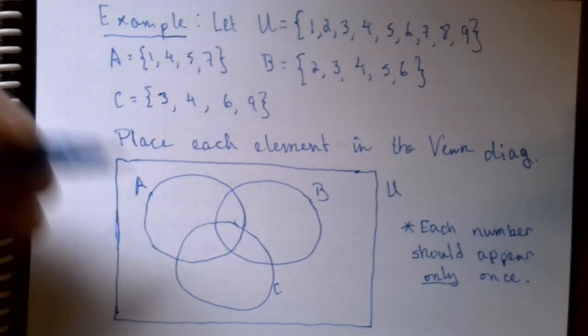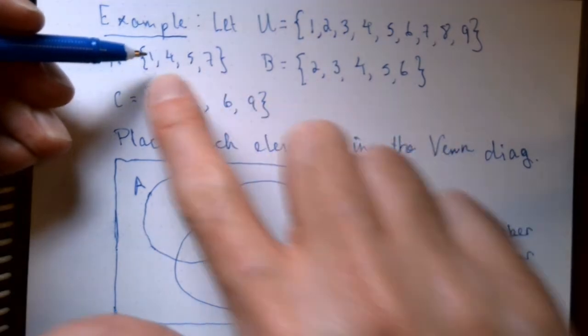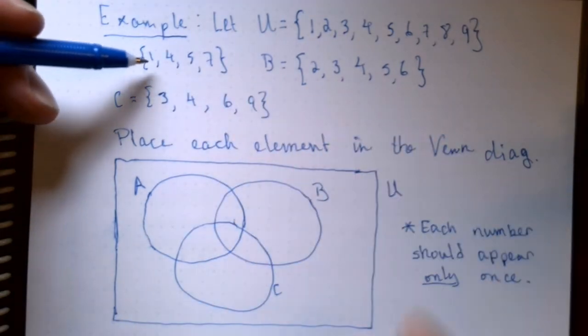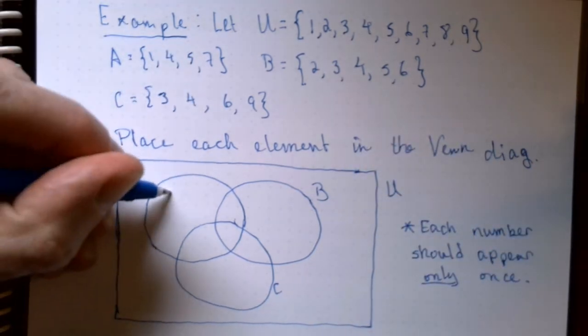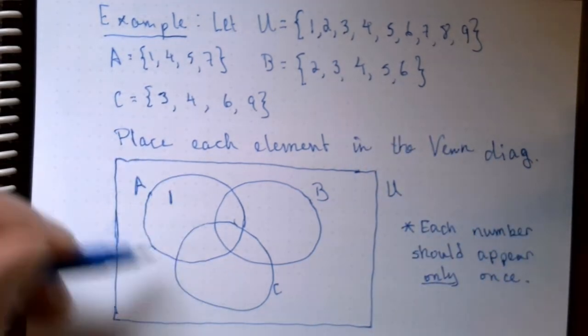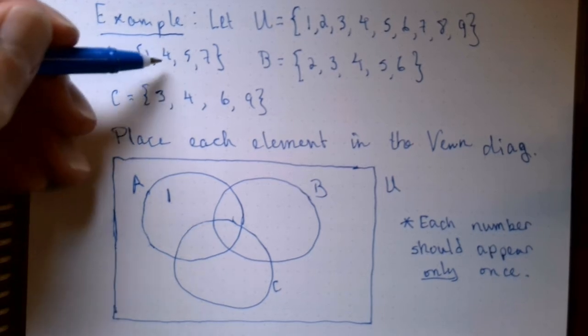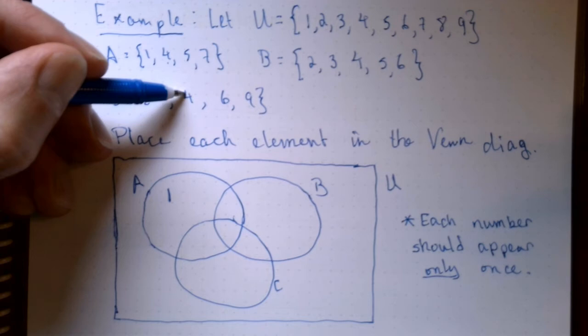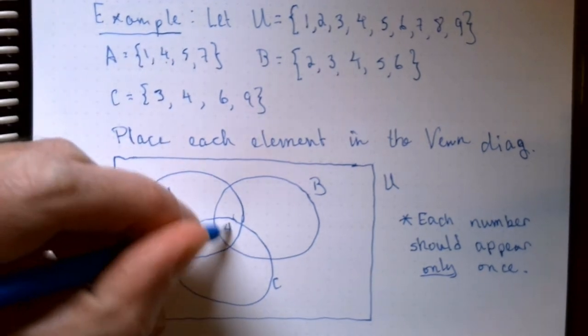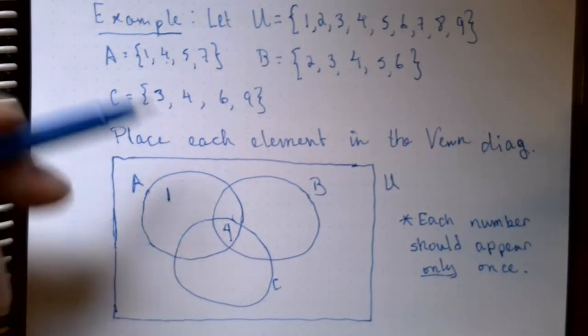All right. So let me look at all the sets here. The 1, that just belongs to A. No other set has the 1. So I can put the 1 in this region here of stuff that just belongs to A. As we saw before, the 4 belongs to B and it also belongs to C. So the 4 needs to be in the overlap of all of them.